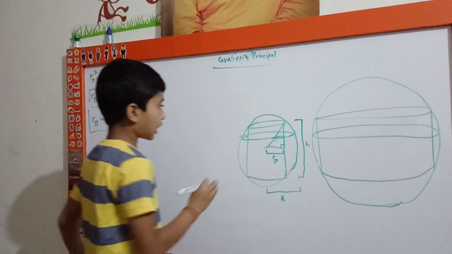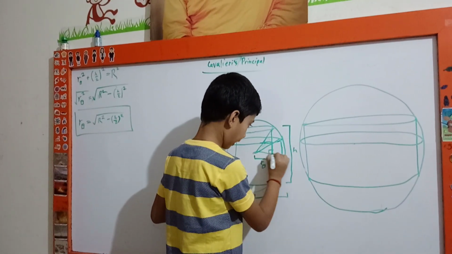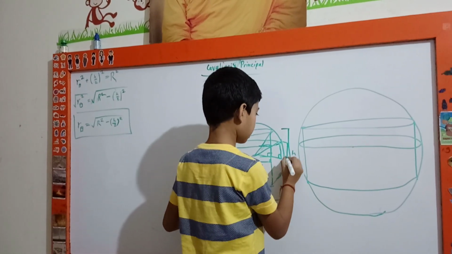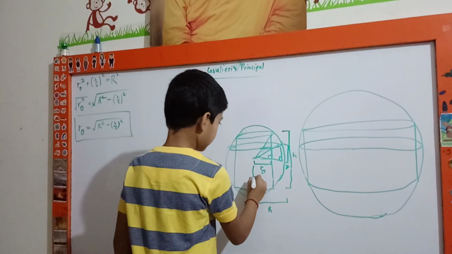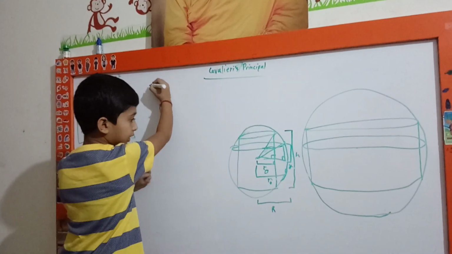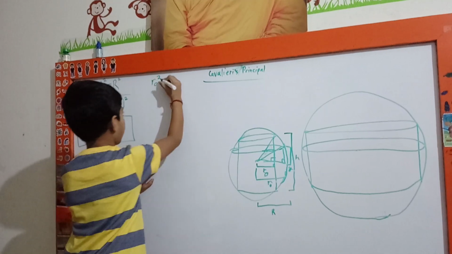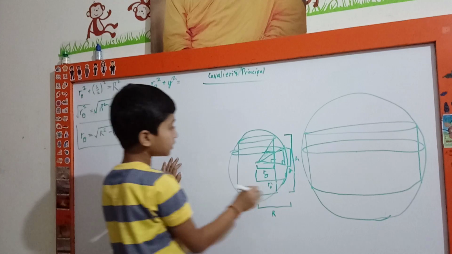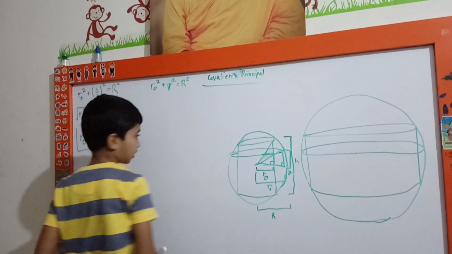So now let's draw a line straight out to the corner of the cross section, and back down. Here we have another right triangle. Let's call this height y, and this is the radius of the sphere itself. So the radius of the sphere squared plus y squared equals the radius of the sphere again.